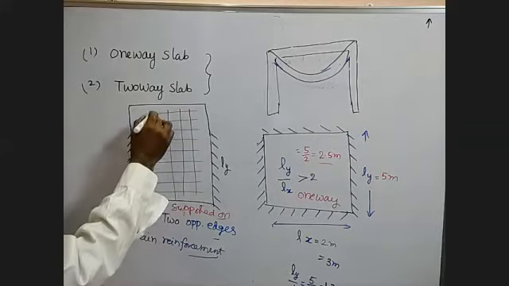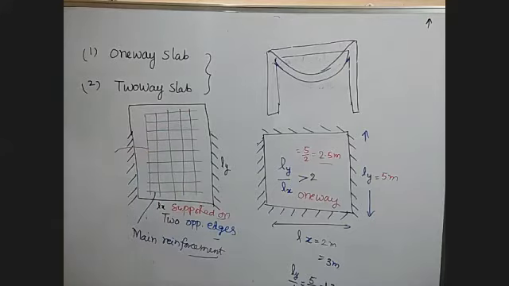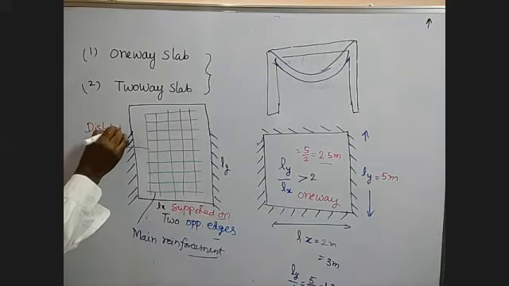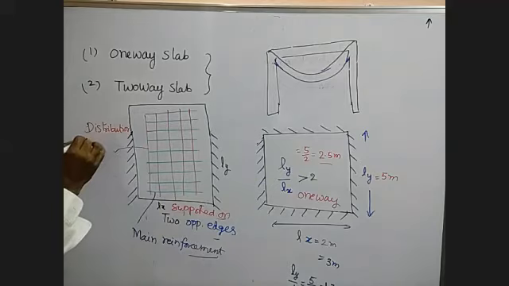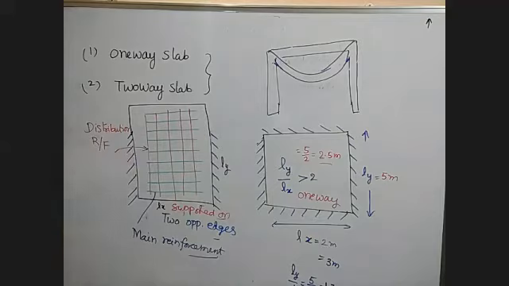This we call it as distribution reinforcement. The red lines are the distribution reinforcement. The gray lines are the main reinforcement.